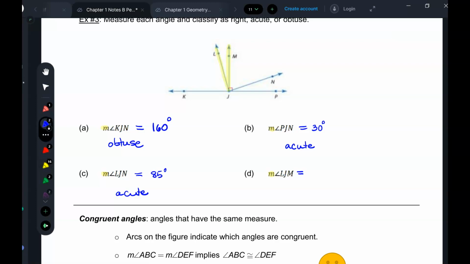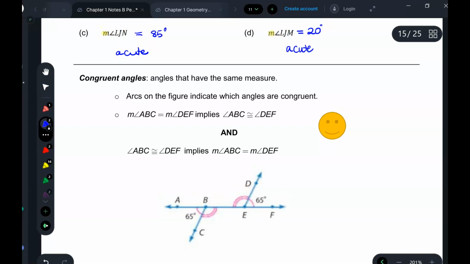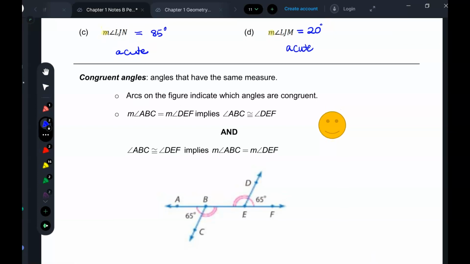How many degrees do you think that is? Like 20. Again, I'm not going to be real picky about that, but you can be real picky on those. That's all.